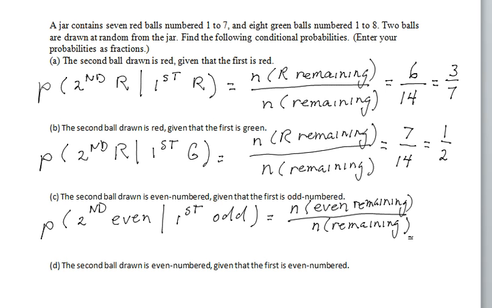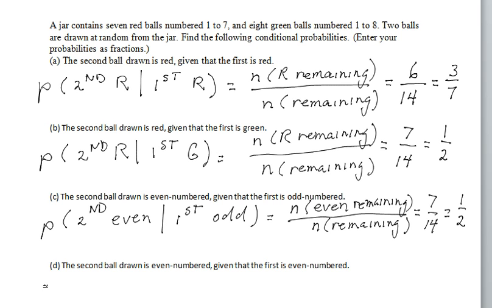So since the first one was odd, the number of even balls remaining is the same as what it started out to be. There would be 3 even red balls and 4 even green balls, so 7. And so we have 7 over 14, or 1/2.